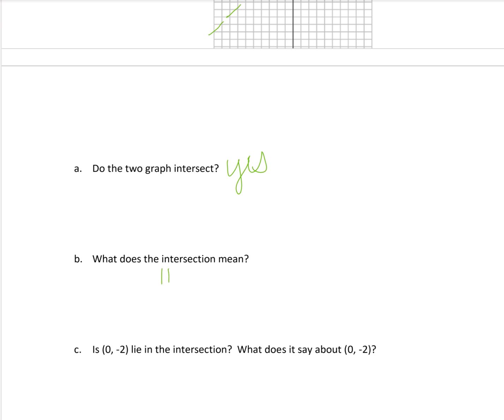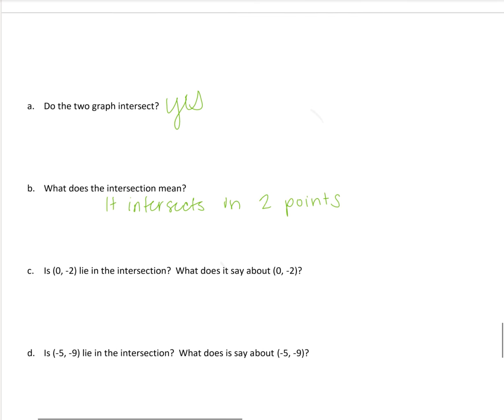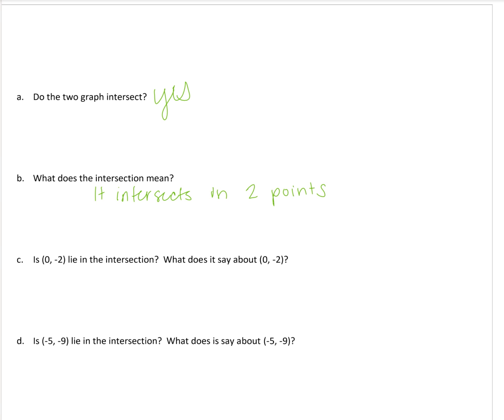Well, it intersects in 2 points, and everything between the dashed lines is a solution.